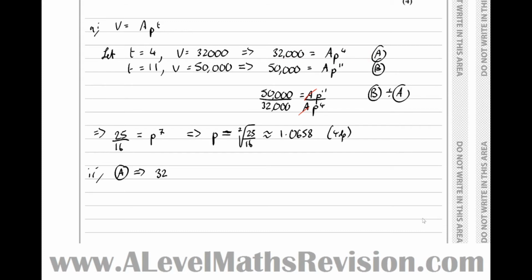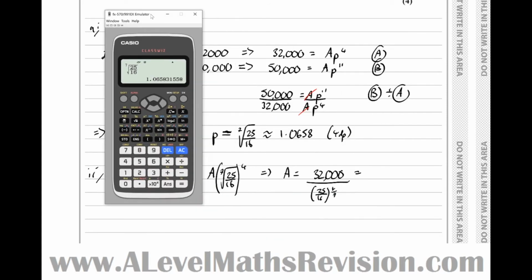So we've got 32,000 equals A times P, which was the 7th root of 25 over 16, all to the power of 4, which means that A equals 32,000 divided by, and this can be simplified, 25/16 to the power of 4 over 7, just for ease of writing it, which is equal to 32,000 divided by 25/16 to the power of 4/7 equals 24796.8022.